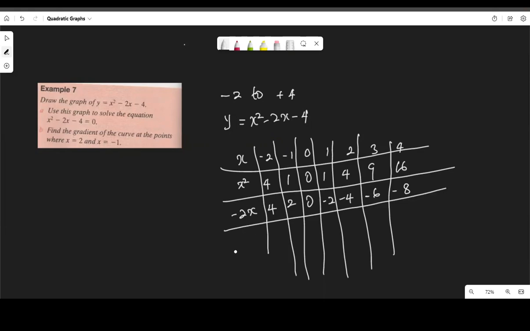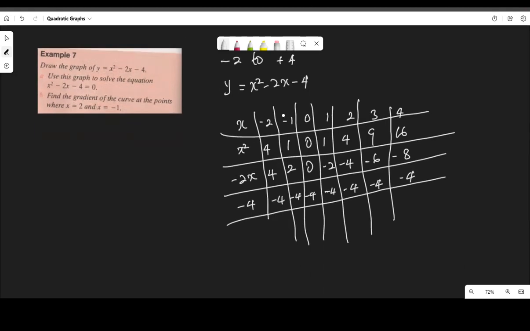And this is a constant term, so it's going to be -4 for every value. And finally, we need to get the value of y.